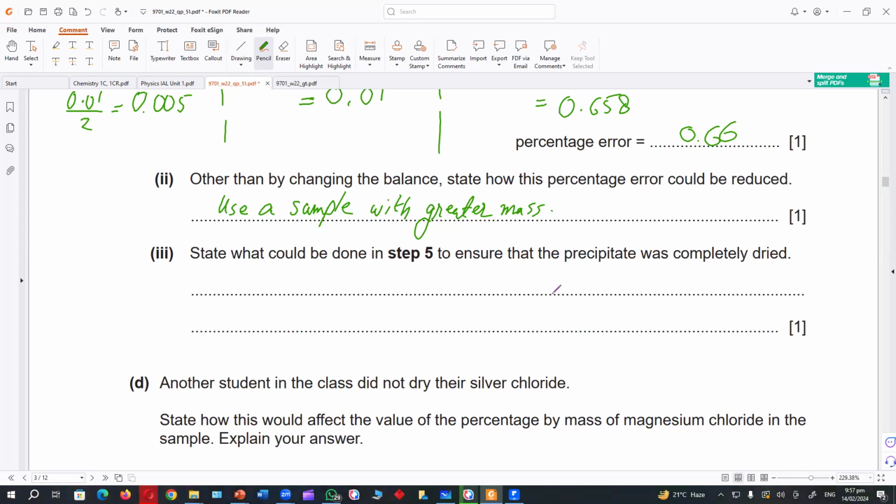So we can tell the examiner that you have to dry periodically.